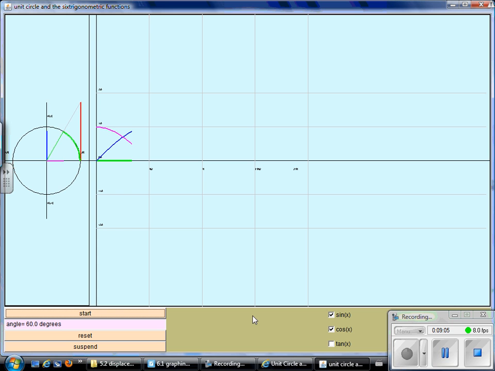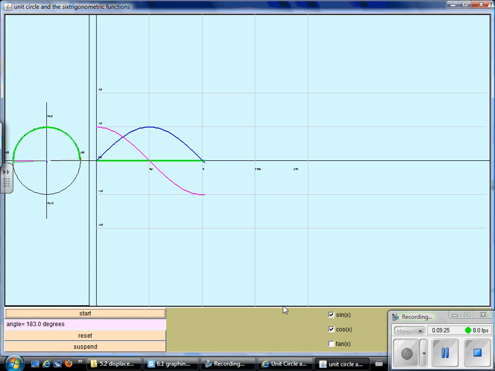However, they're slightly different. Okay, so when cos is at its high point, sine is in the middle. So they're alternating back and forth. So it's creating actually a really quite nifty looking graph.